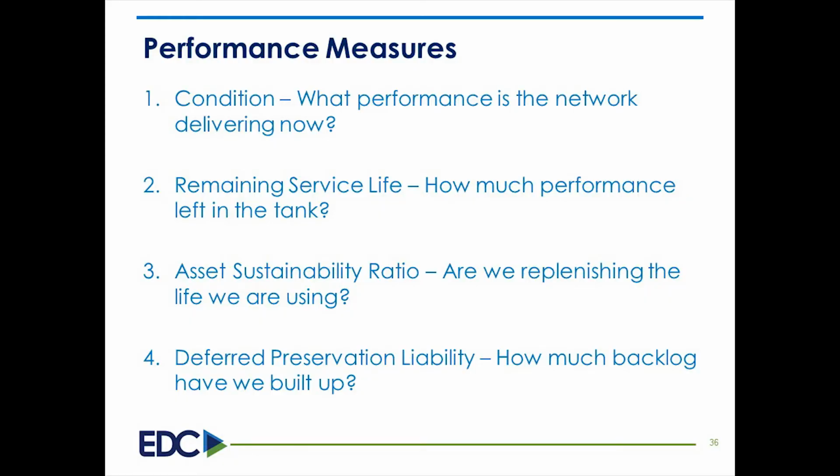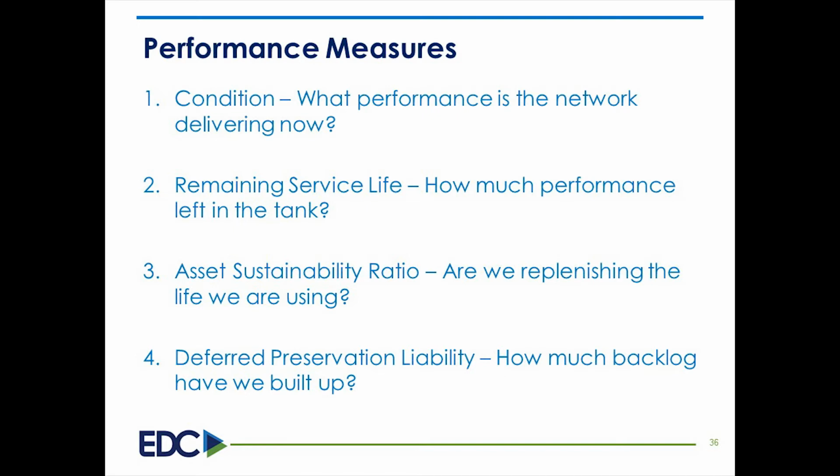We have a publication in Washington called the Gray Notebook. If you Google Washington DOT Gray Notebook, it'll come up. This is the performance publication across our DOT for bridges and congestion and safety and everything. There's a section in there on pavement assets, and we developed these additional performance measures to help explain our situation.